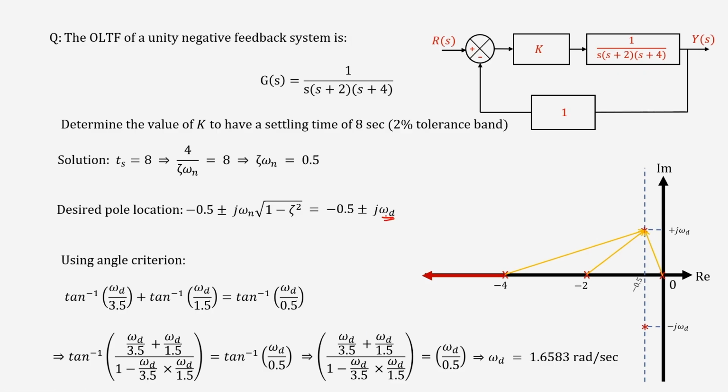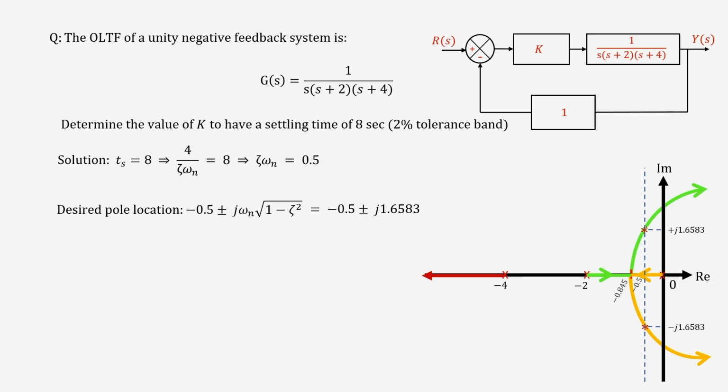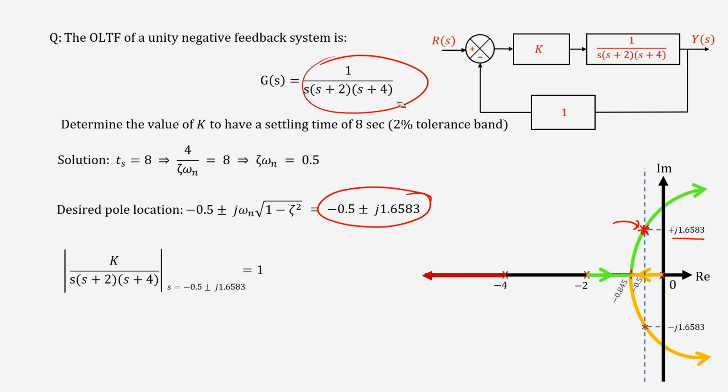Now, I know the value of omega d, and that means this pole location is given by this, right. Once I have the desired pole location, I have to just find out the value of k, and now I can use the magnitude criteria directly. So, the magnitude criteria will be k by this evaluated at s equal to the desired pole location.